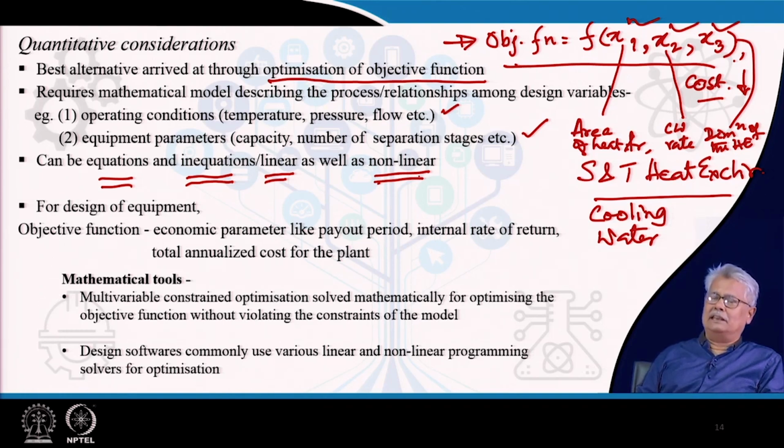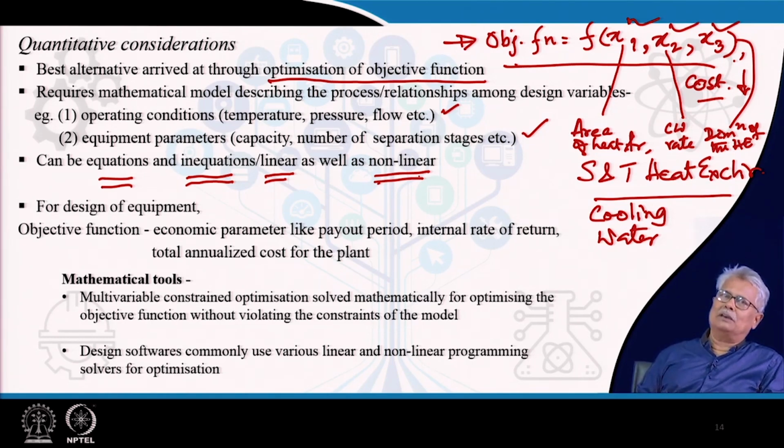Now, these days there are plenty of design softwares and simulation softwares which incorporate these. Quite naturally, it could be integer programming, linear programming, or nonlinear programming, and solvers which these days in many cases are an integral part of the simulators and simulation softwares.